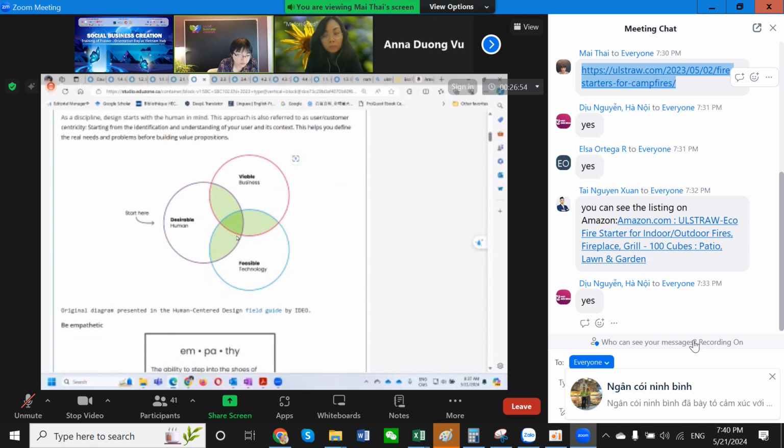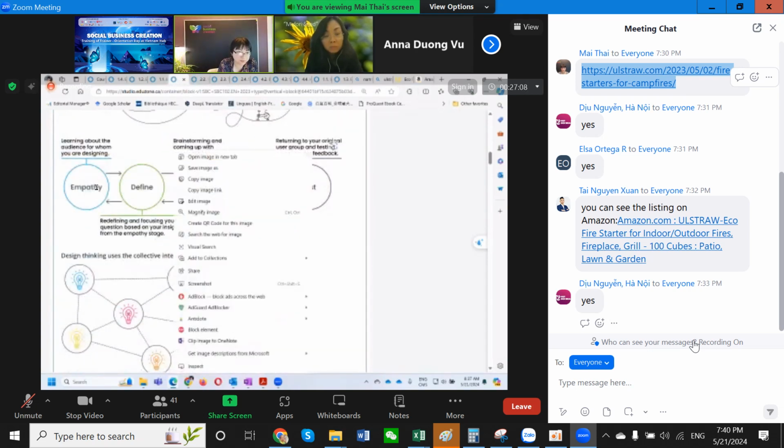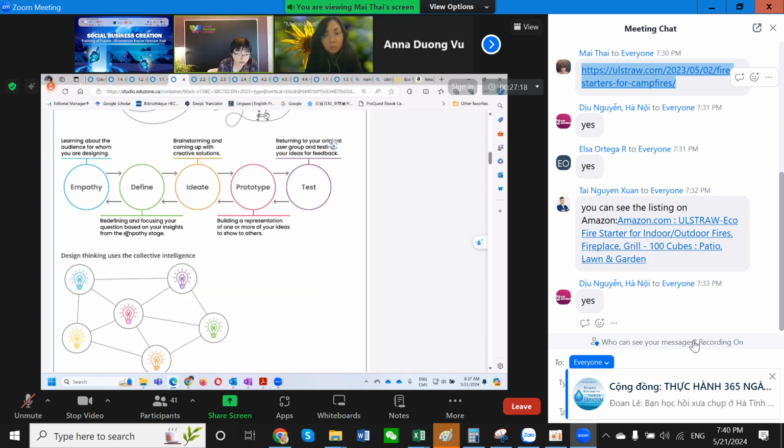But then you have to solve the problem of why people would want this product. So in Vietnam, people would love your solution. For design thinking, you start with empathy and find the kind of information that people care about. So you define and focus your question based on the insight from your empathy stage.